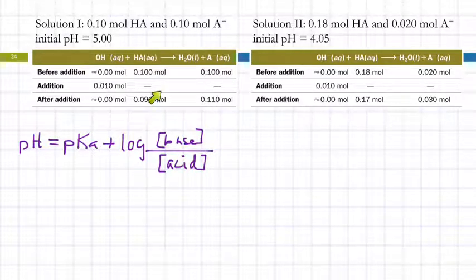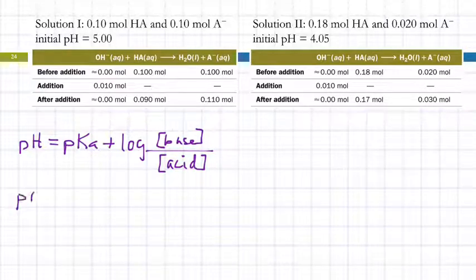Now these are in moles, but it's a 1-liter solution. The molarities are the same. And even if it was a different volume, the volumes are the same, and so they're going to cancel out in this ratio.